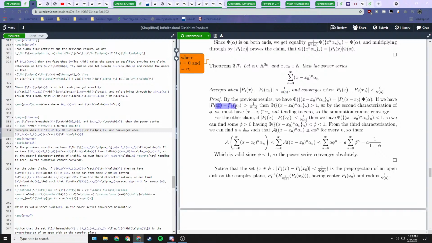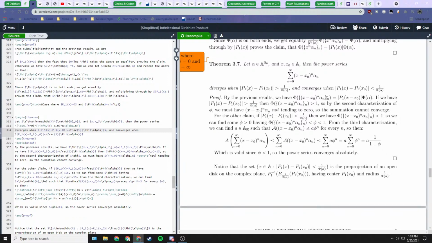So we'll take this first case. If we have this absolute difference being strictly greater than the reciprocal of phi alpha, then this product here will be strictly greater than 1. So this phi value will be strictly greater than 1.